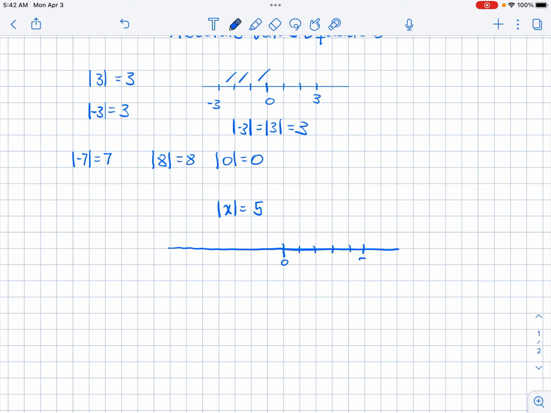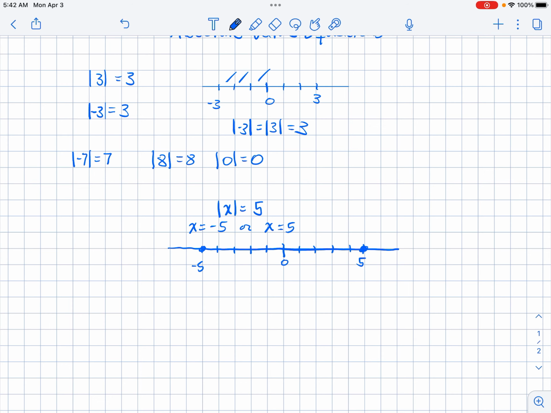Okay, so right here, if x equals 5, that's definitely a solution to that equation. But that's not the only solution. If we go over here, negative 1, negative 2, negative 3, negative 4, negative 5. This is also a solution. So you can see that this equation has two solutions, x equals negative 5 or x equals 5.